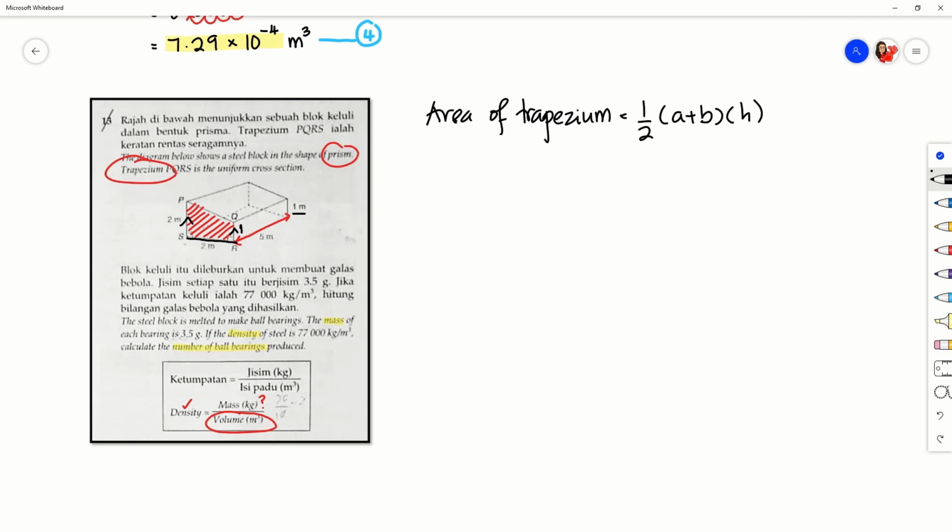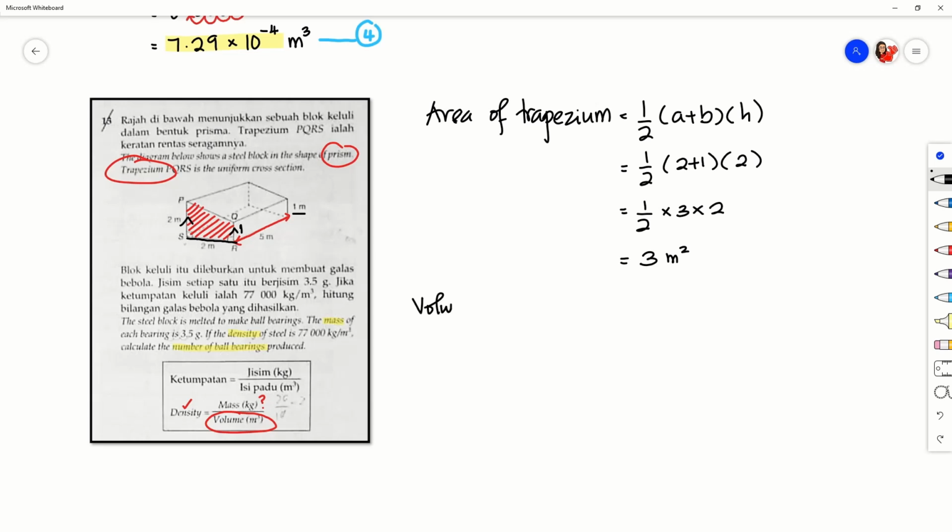Okay, so that means 1 over 2 times 2 plus 1 times the height, which is 2. So this means 1 over 2 times 3 times 2. That's 3 times 2 is 6. 6 divided by 2 is 3 square meters. That's the area of the trapezium.